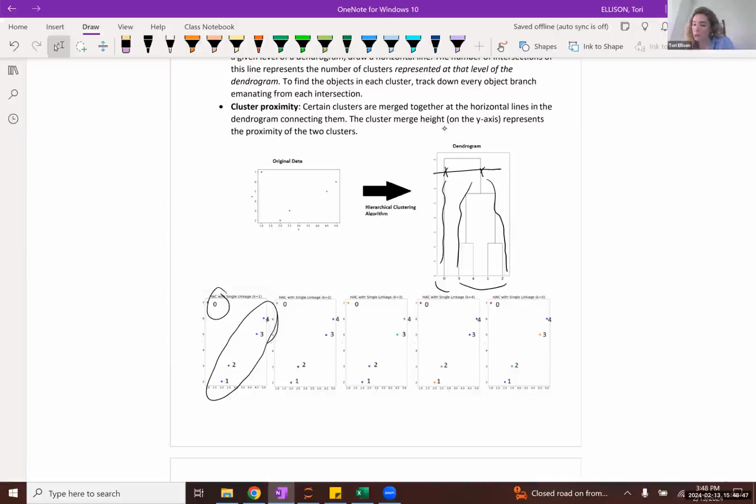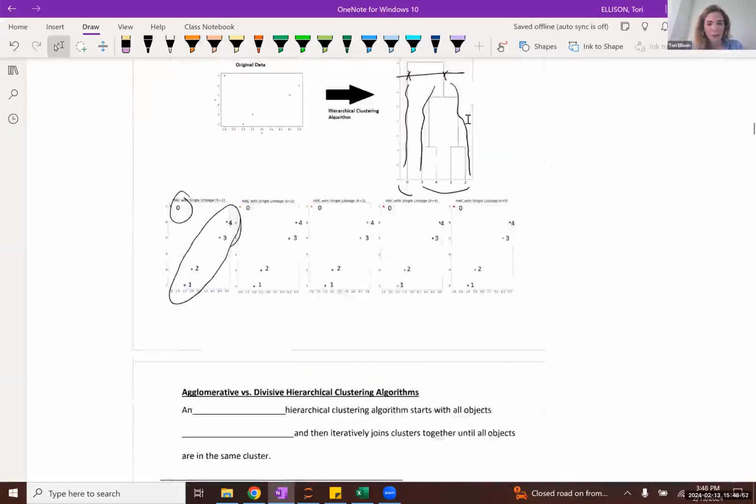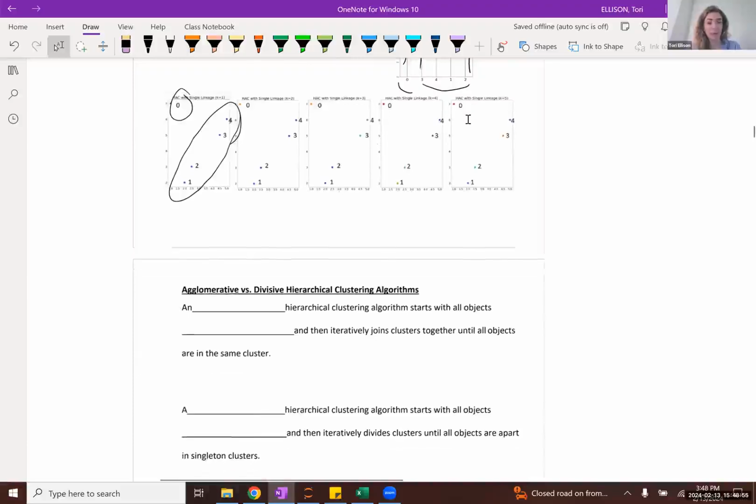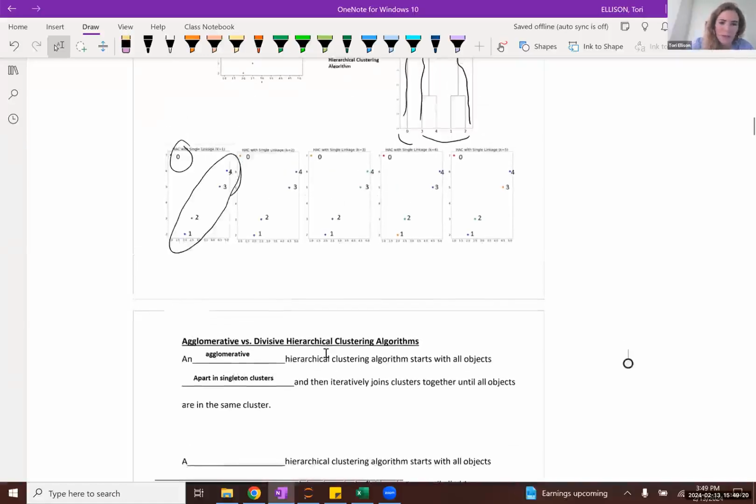There are actually two main types of hierarchical clustering algorithms: agglomerative versus divisive. The main distinction is the order in which they create each of these nested clusterings. An agglomerative hierarchical clustering algorithm starts with all objects apart in what we call singleton clusters, something like this.